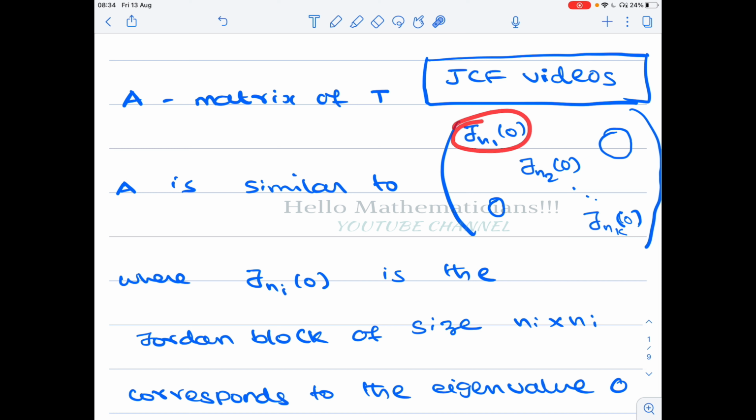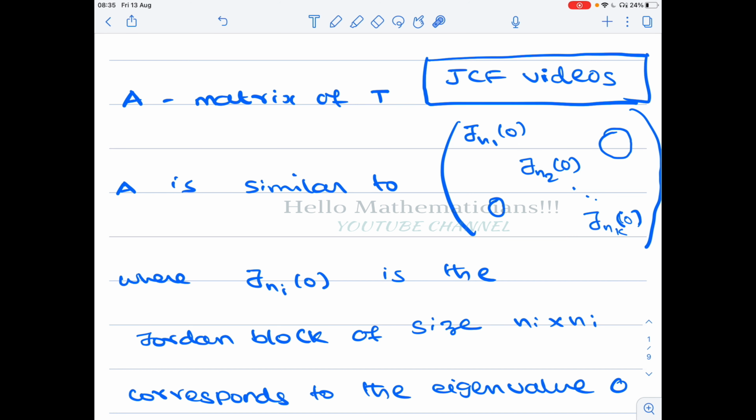We assume that all of these blocks are of size at least 2. When you calculate A square, here nullity will increase by 1, here nullity will increase by 1, here nullity will increase by 1. Therefore in A square, k new rows are made 0.